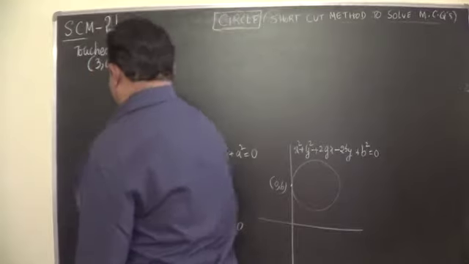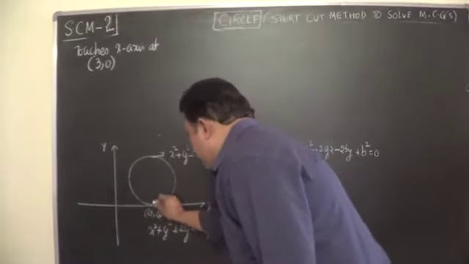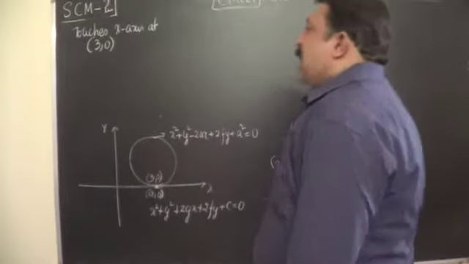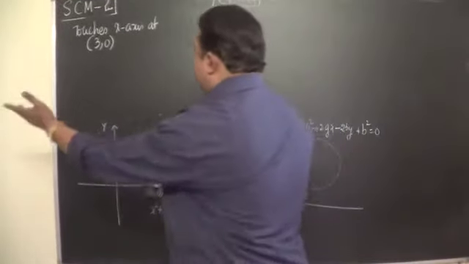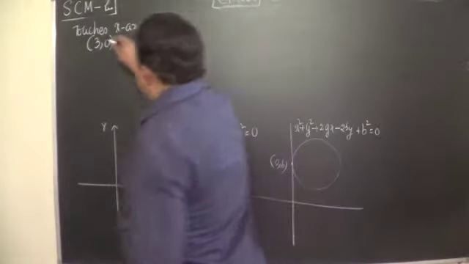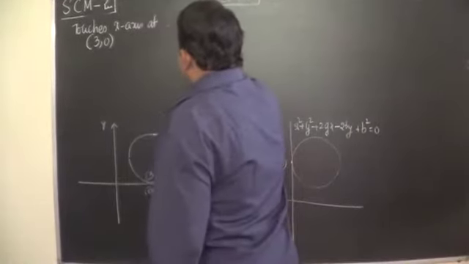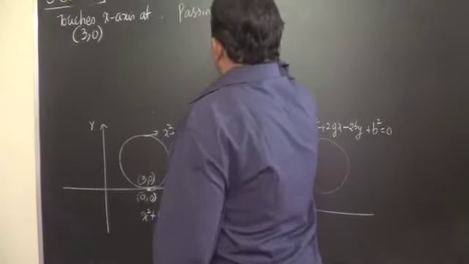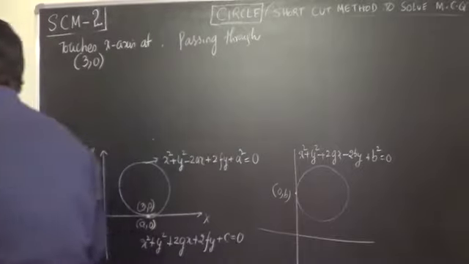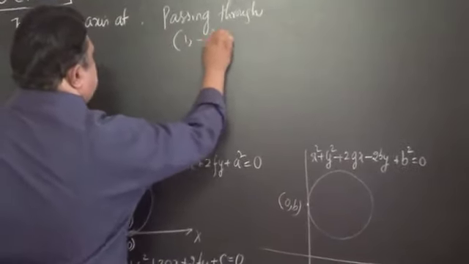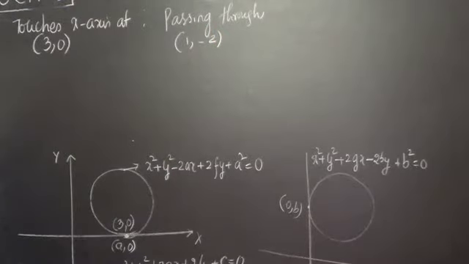The circle touches the x-axis at the point 3 comma 0, so this point becomes 3 comma 0, and it passes through one of the given points. The point given was, I'll write here, passing through the point 1 comma minus 2.